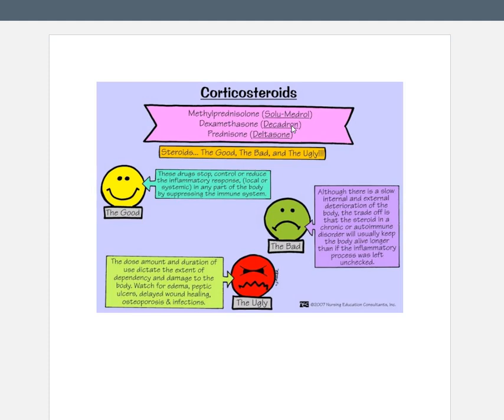So if you stop them abruptly, your body doesn't have time to recover. So you could go into what we call an adrenal crisis. So that's why it's very important that a person not stop these. And if you've ever been on steroids, maybe due to a respiratory infection, you'll see that the package of medication has a decreasing dosage. You start at a high dose and then you just start tapering off, okay?